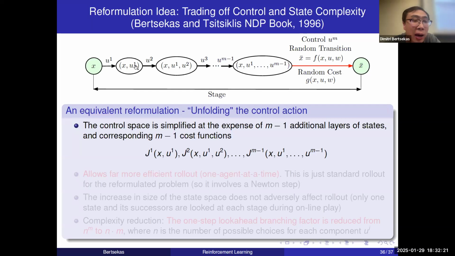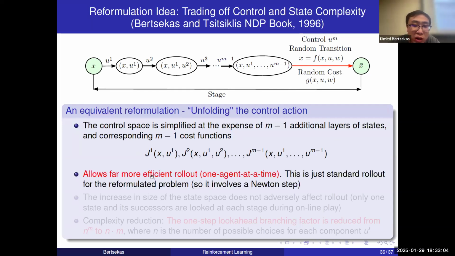And at this point, you apply control U2, and you get to a new state, which is X, U1, and U2, and so on. Until at this point, X, U1 until UM minus 1, you apply the final control component corresponding to the last agent, and you get to the new state. So the control space is simplified because at each state, there's only one control component to choose, at the expense of M-1 additional layers of states and corresponding M-1 cost functions.